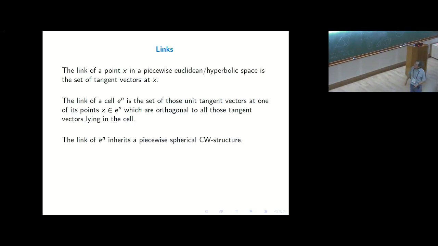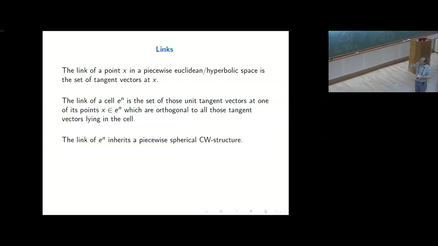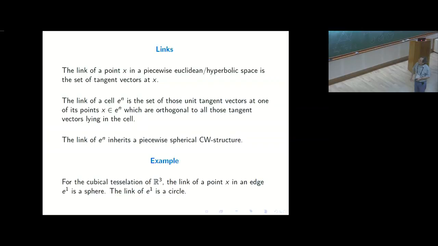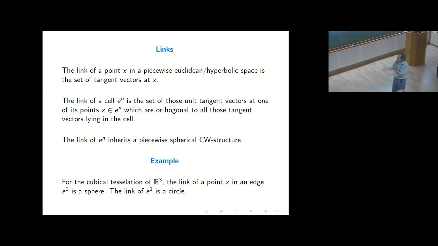It's actually better to think of 3 dimensions. I can't draw it, but let's think of a 3-dimensional cubical tessellation, so I've got lots of cubes building up R3. The link of a point in X is a sphere.